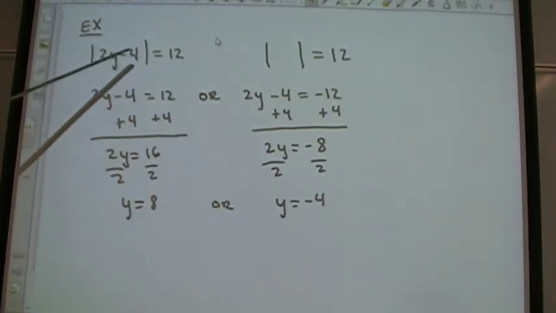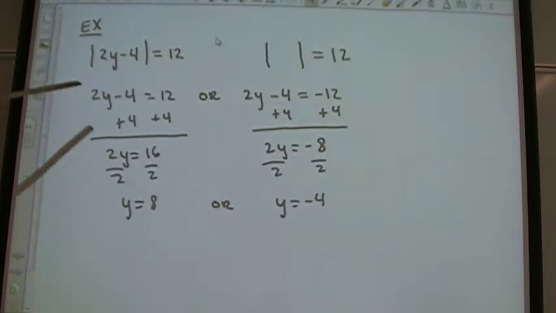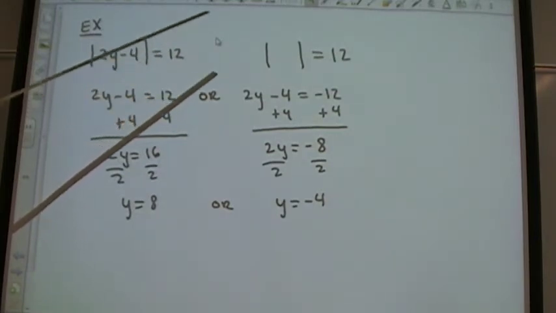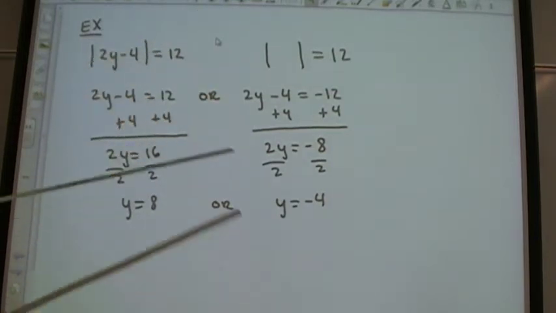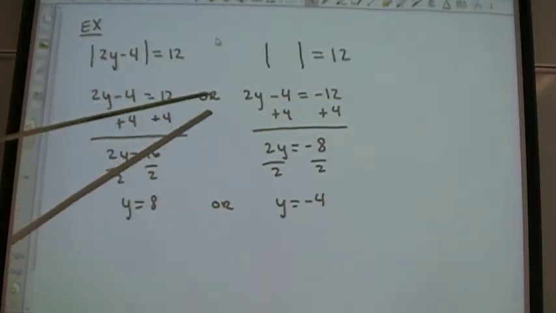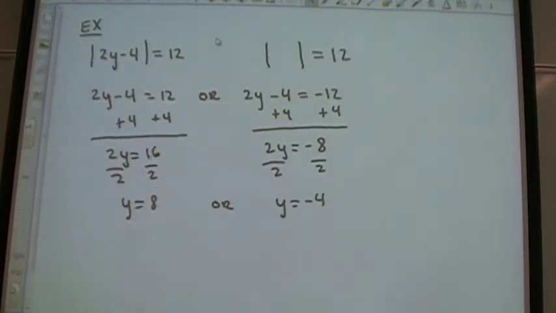So your first step in solving absolute value equations is to isolate the absolute value. It's already isolated, already by itself right here. Next step is to get rid of the absolute value symbols. To do that, we come up with two equations. So from here to here, I get rid of the absolute value symbols. Then you just solve each of them separately.